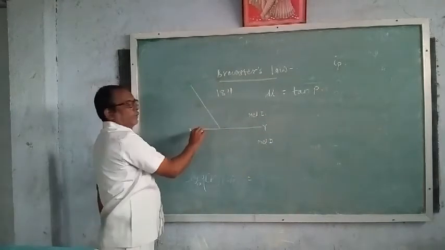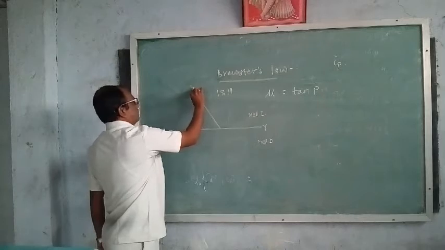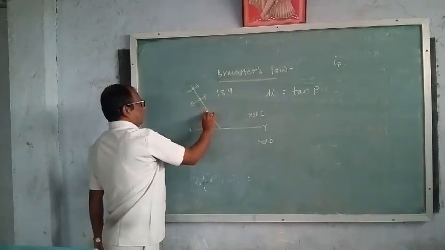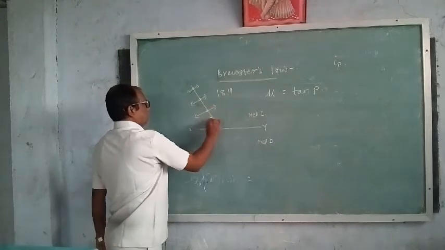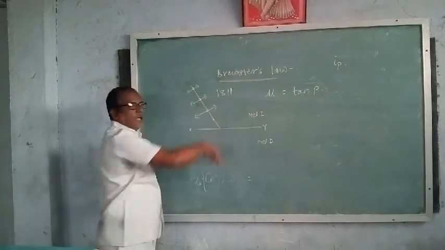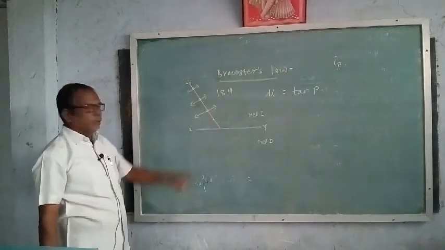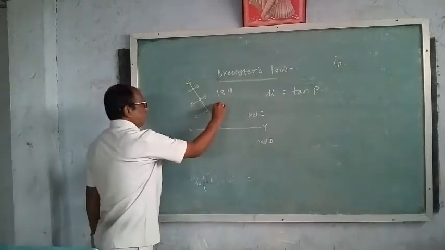On this refracting surface xy, this is the symbol of unpolarized light. Then here we can say that unpolarized light is incident on a refracting surface xy.